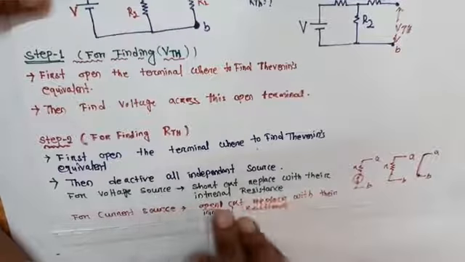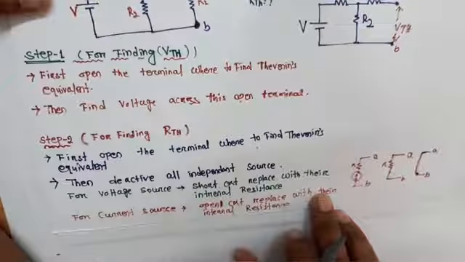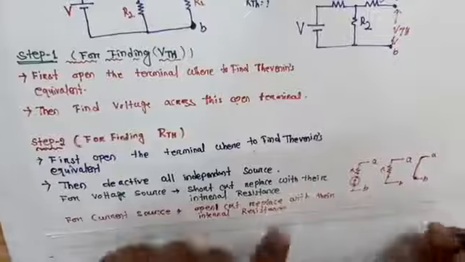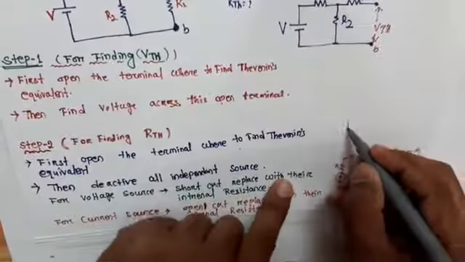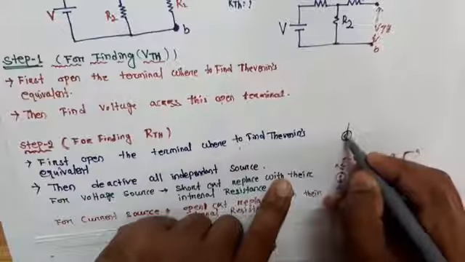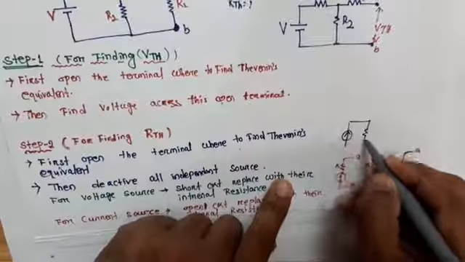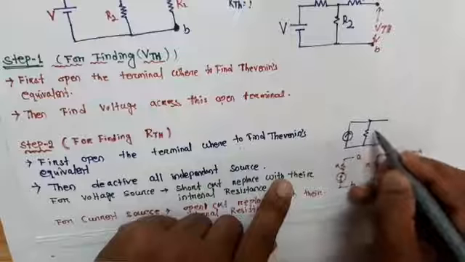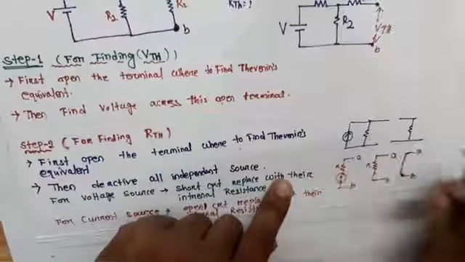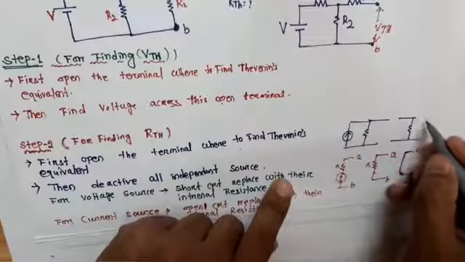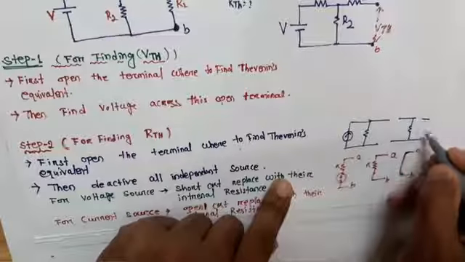For a current source, we open circuit it and keep its internal resistance. A current source is in parallel with an internal resistance. If an internal resistance is present, we just open circuit the source and keep that resistance. If there is no internal resistor, then just open circuit.